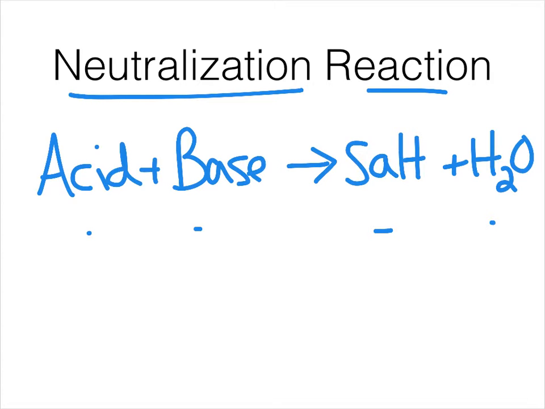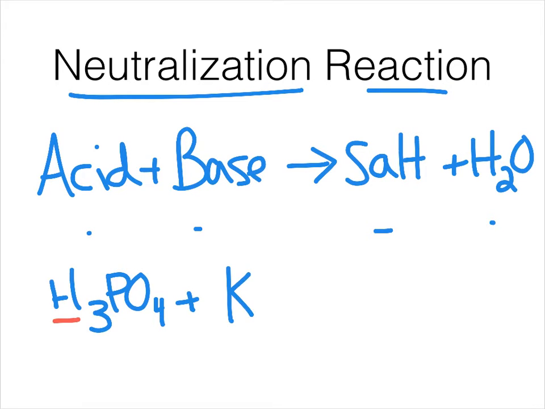So for example, I have an acid, H3PO4. Okay, I know it's an acid because of the H. That's right here. And then I have plus a base, KOH, and I know it's a base because of the hydroxide right there.